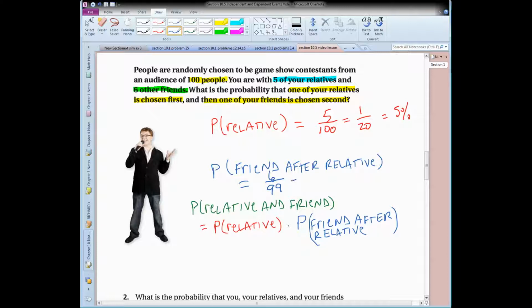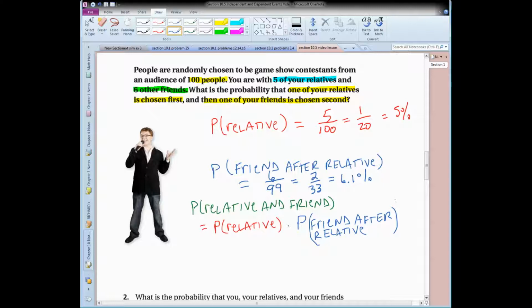6 out of 99. And we can simplify that, divide everything by 3, and we get 2 over 33. So what is 2 divided by 33? We get about a 6.1% chance.